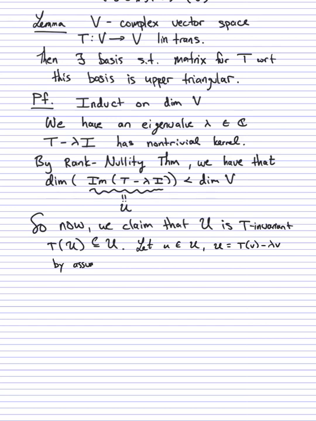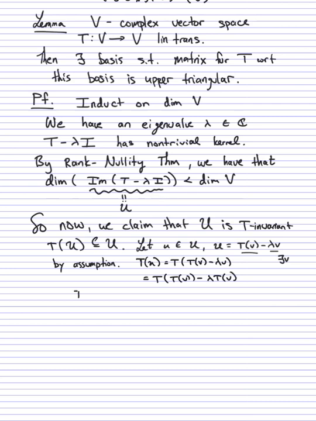We're assuming that we're taking something in the image of T minus lambda I, so we can write it as T of v minus lambda v for some v. So there exists a v here. Then T of u, by linearity, is T of (T of v minus lambda v), which is T of T of v minus lambda T of v.